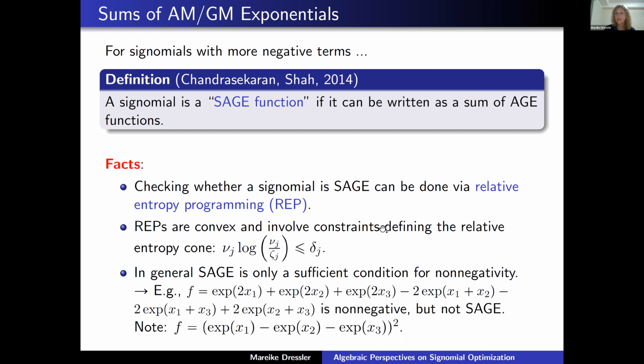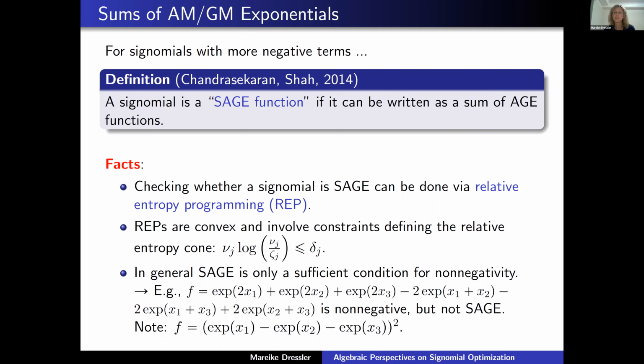These are convex optimization problems, and they involve a certain constraint, namely this constraint here, and this constraint defines the relative entropy cone. It doesn't matter how exactly it looks, but I think the main takeaway here is that it is a convex optimization problem.